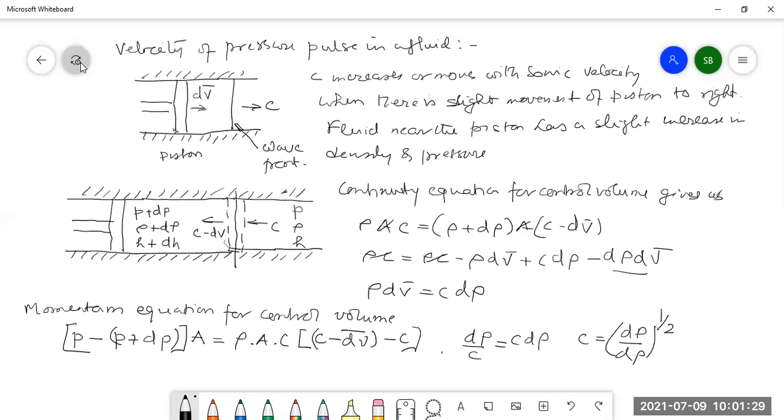Since the variations in pressure and temperature are negligibly small, the change of state is so fast as to be essentially adiabatic, and in the absence of internal friction, the process is reversible, isentropic. Hence, the sonic velocity is given as C is equal to the square root of del P by del rho.